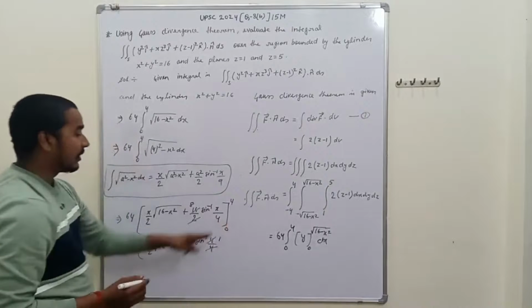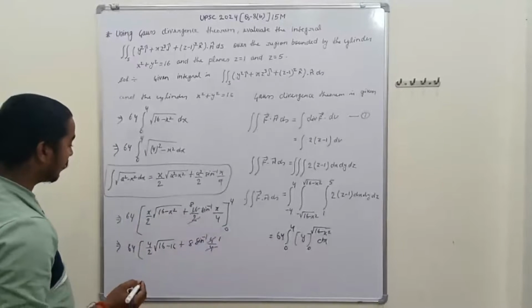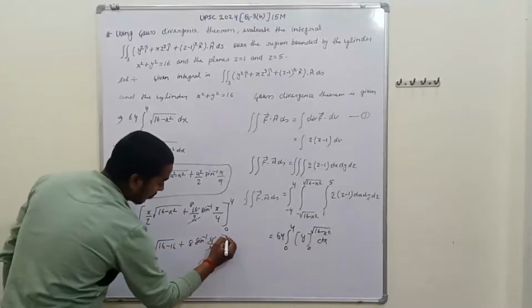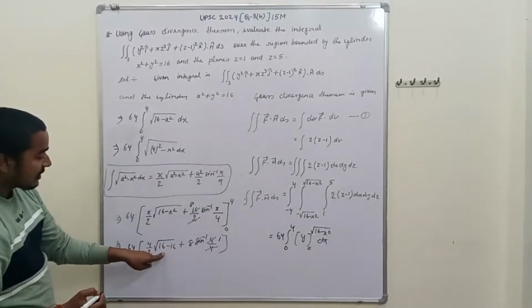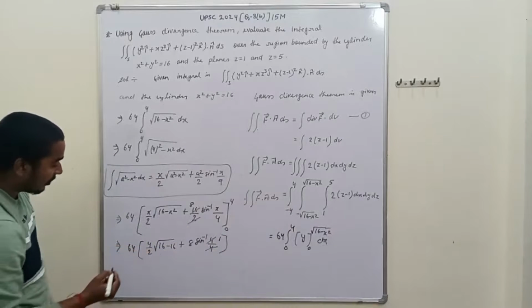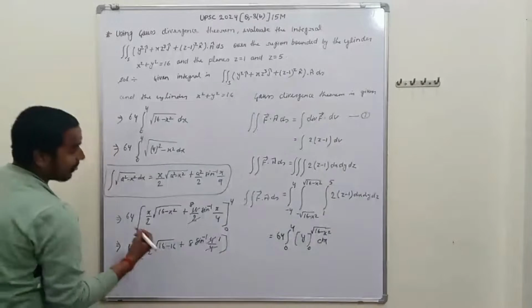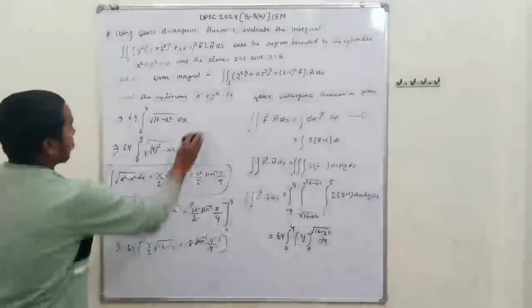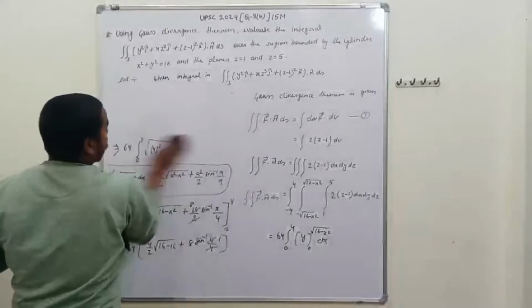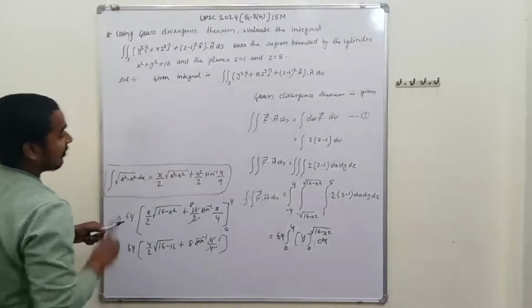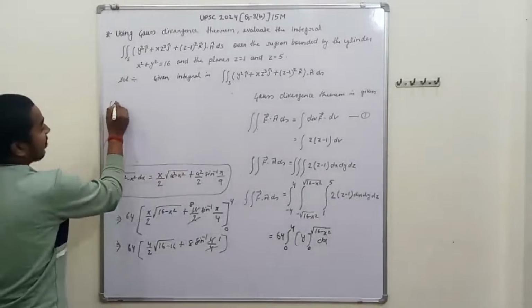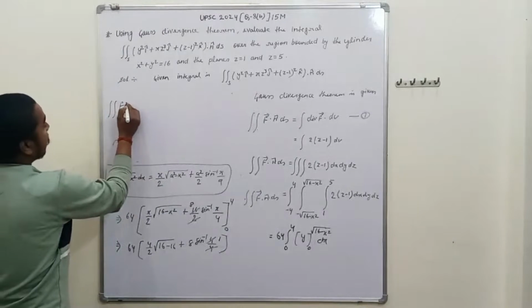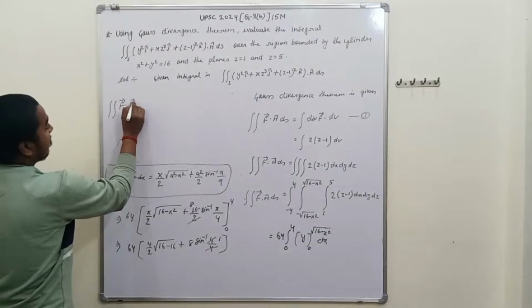When applying the lower limit all terms are 0, and 16 minus 16 is also 0. Then the remaining is the integral of f vector dot n ds.